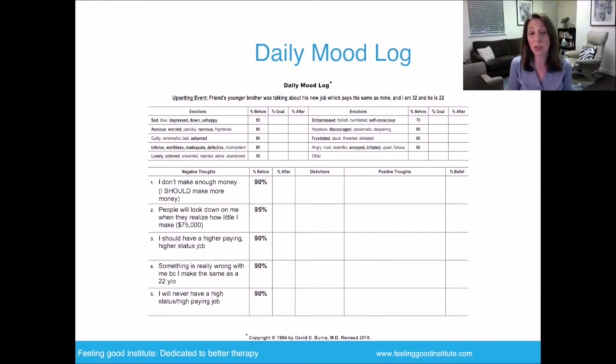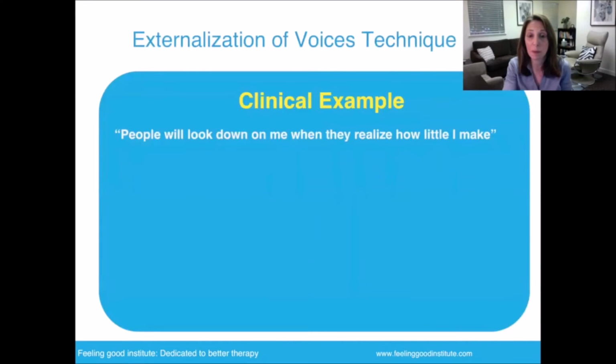And he's just feeling pretty awful about himself. Let's take a different negative thought. People will look down on me when they realize how little I make. So this is the negative thought that you're going to want to focus on. People will look down on me when they realize how little I make.